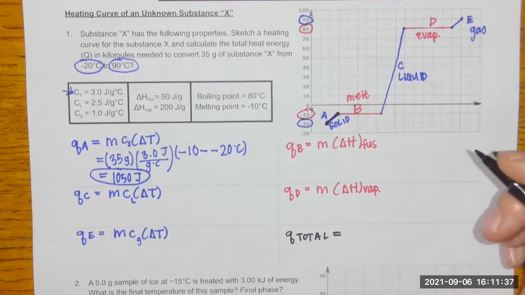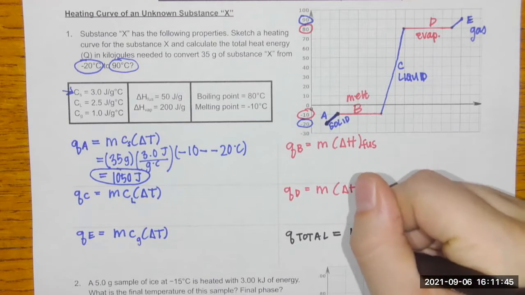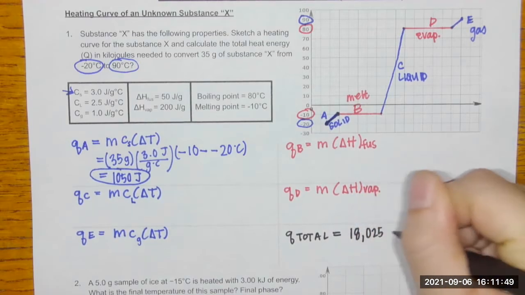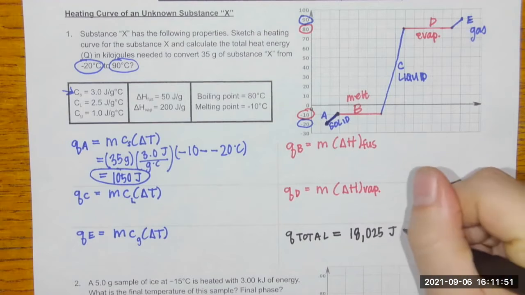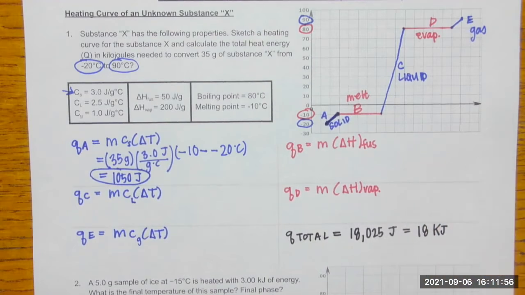And email me if this isn't looking right, but when I did the math, I got that my total was 18,025 joules. And then when I converted to kilojoules, it was just 18.